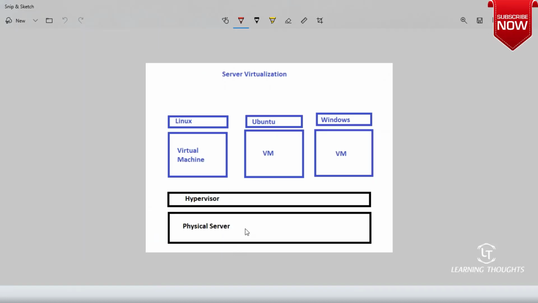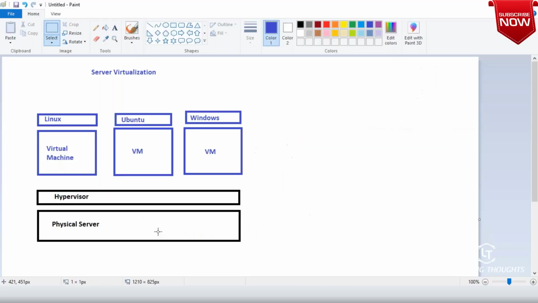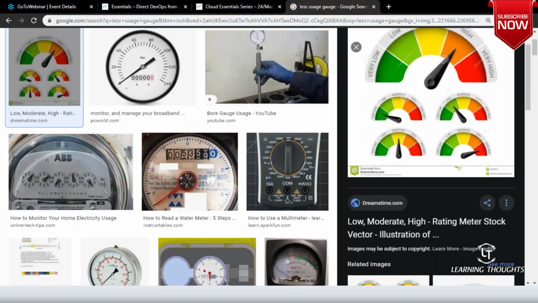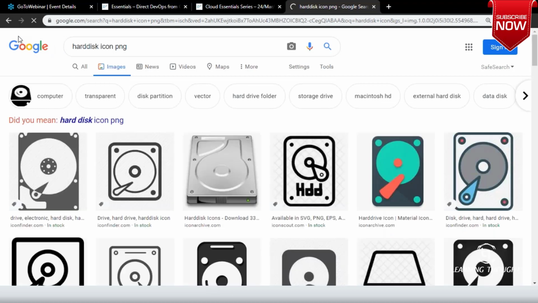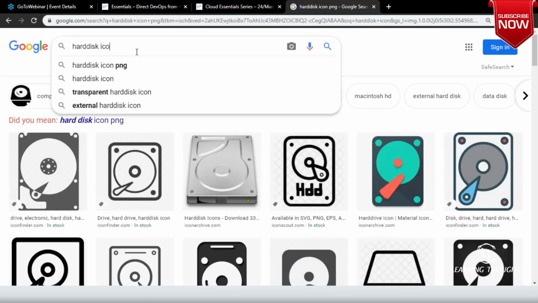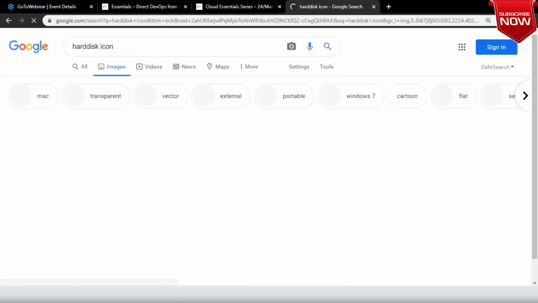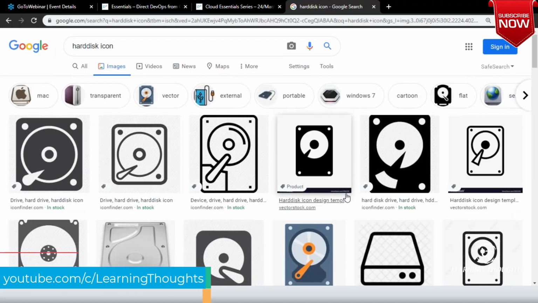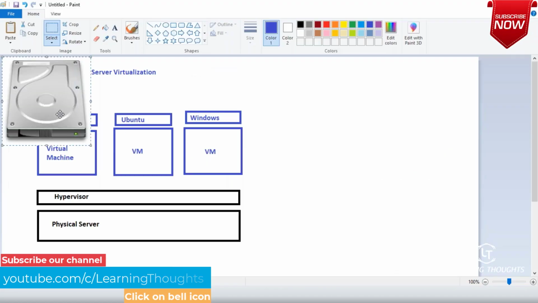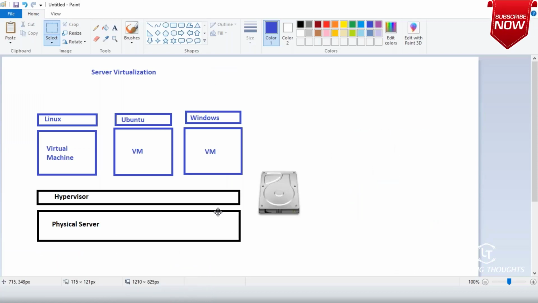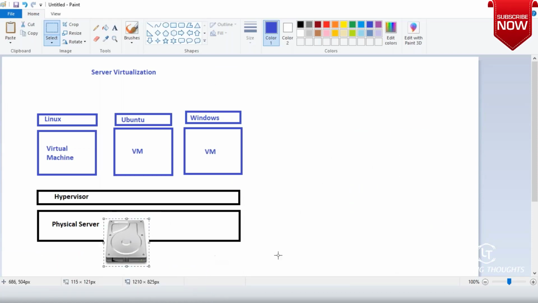So will this physical server have a hard disk? Yes or no? It will have a hard disk, right? So let me use this. This is looking like a physical disk. So it will have hard disk. Now, will this virtual machine have a hard disk?